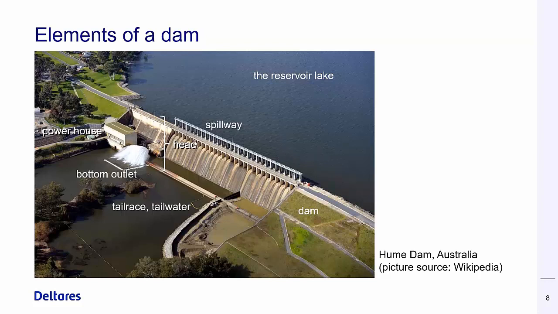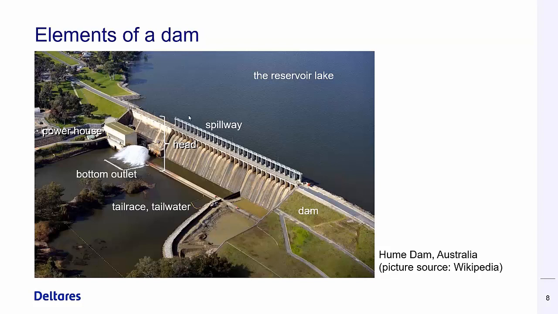Under normal conditions, usually we use the powerhouse to generate energy, so water flows from upstream to downstream through the turbines. And some dams have a bottom outlet which allows to guide water through the dam without passing turbines. Here I found this wonderful picture, and here it's in operation, the bottom outlet.